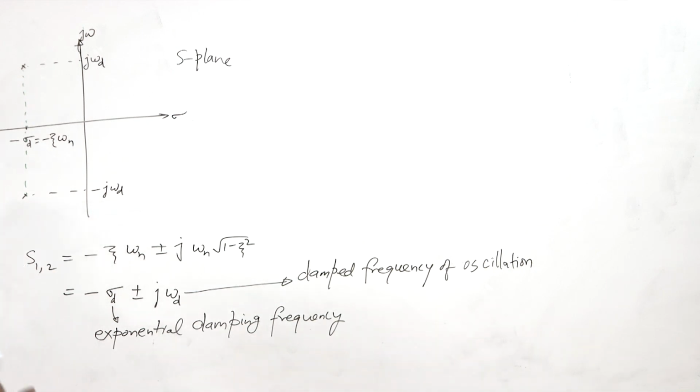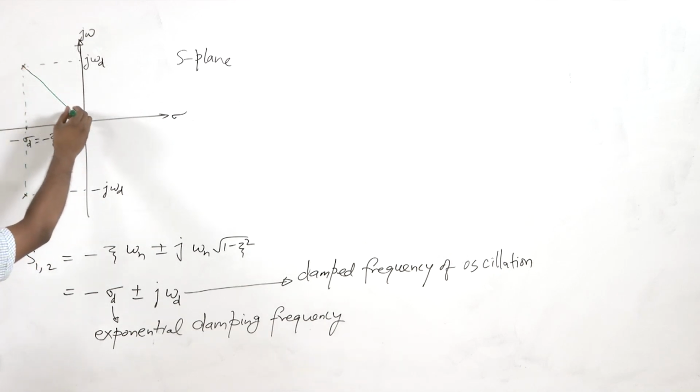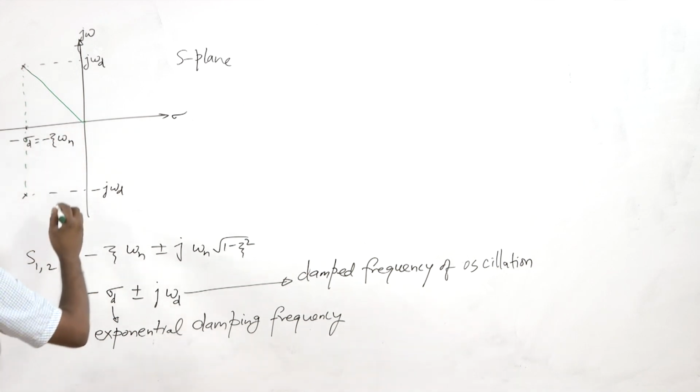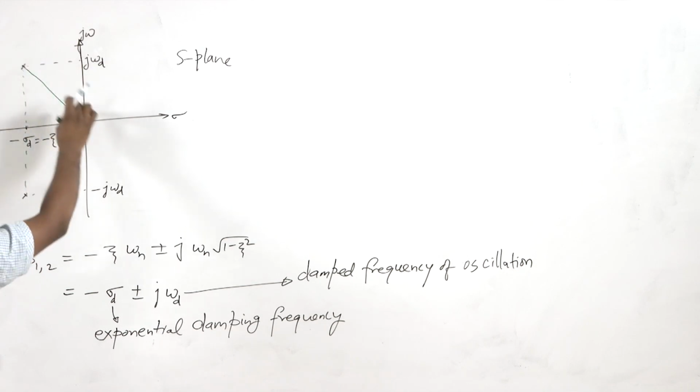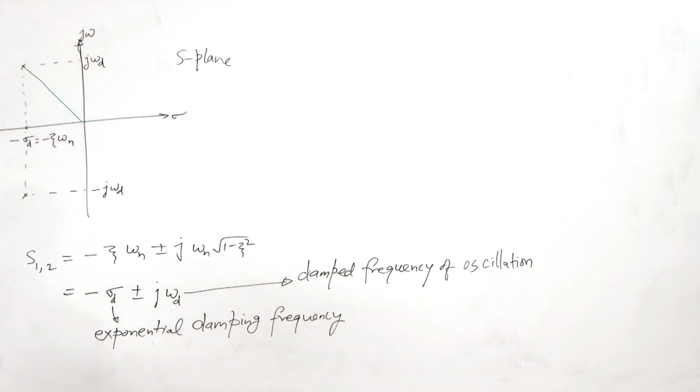So we can see that this is the origin, and if we plot this line, what will be this radius or the distance from the origin to this pole?